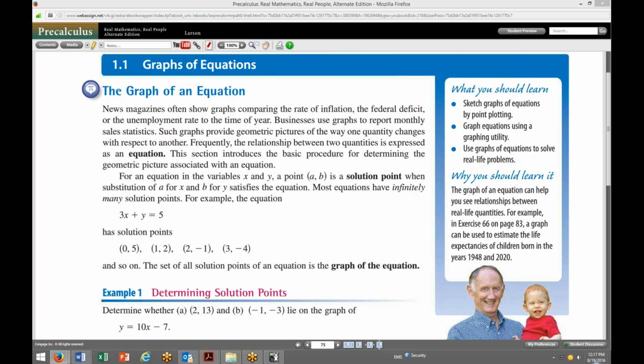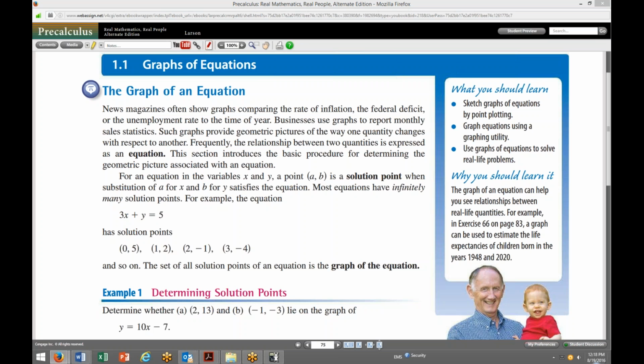When x is 3, y is 4. So one of its infinite number of solution points is the point (3, 4). (4, 5) would be a solution point, as would (5, 6) and (0, 1). All of those ordered pairs we would accurately call solution points for the equation y equals x plus 1.